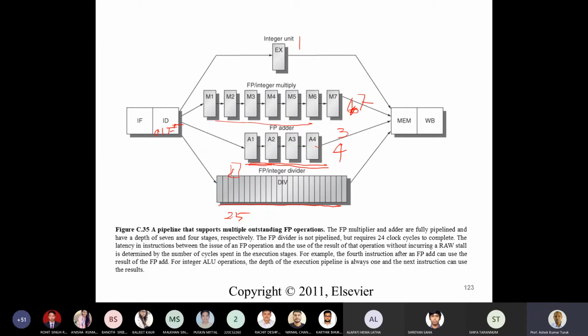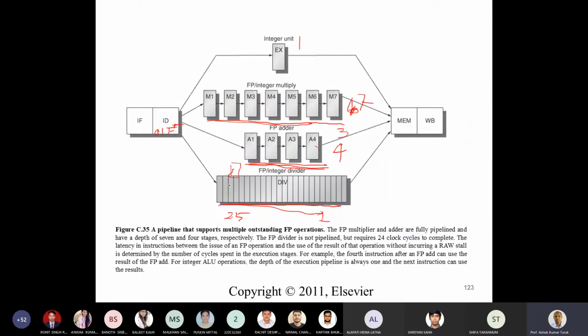So 4 outstanding floating point instructions can remain in the pipeline. 7 outstanding multiply instructions can remain in the pipeline. There are 7 stages, so each stage can have 1 instruction at a different stage of the execution. And divide can have only 1 instruction. If an instruction is issued to the divide, then until it completes its execution, another instruction cannot be issued to this divide. So it has to wait another 25 clock cycles to issue the next instruction.